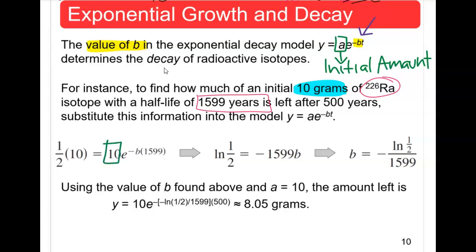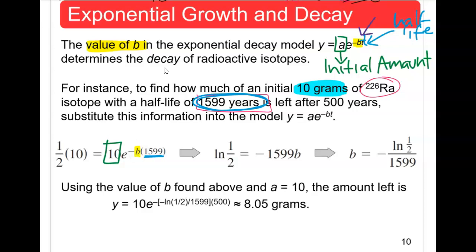And then we have the rest. Negative t, in this case, t is going to be the half-life that we have here. So you can see that number being substituted here. Instead of t, it is the half-life, 1,599.